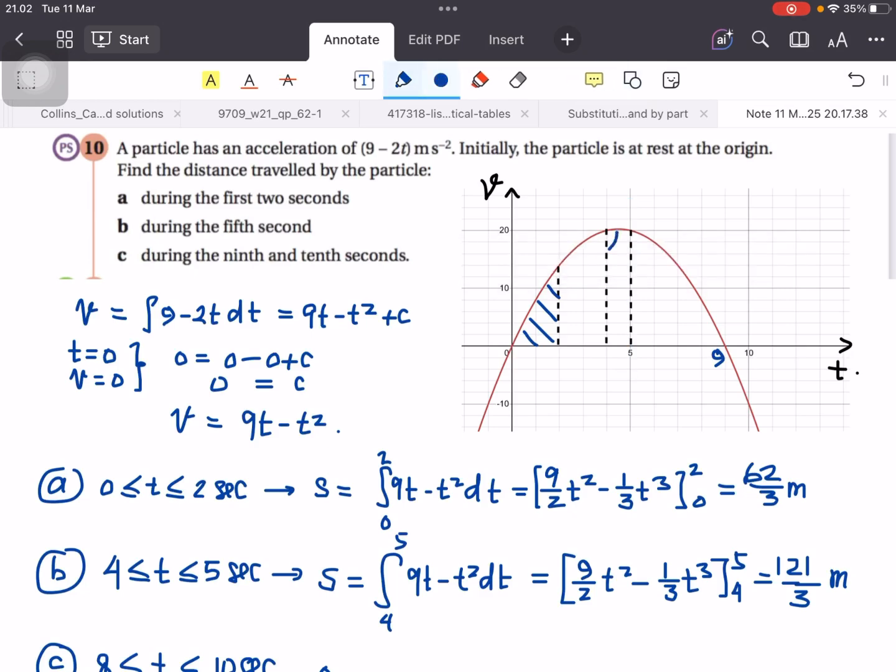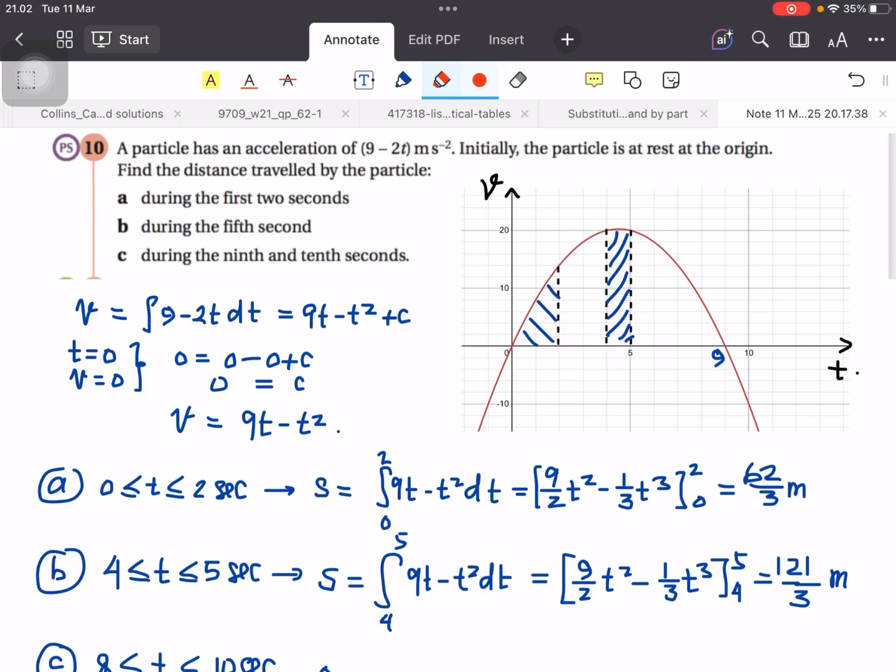So we have to find the area of this region. So do the same thing, do the same integration, but now the lower boundary and upper become 4 until 5. The integration you do from 4 to 5.